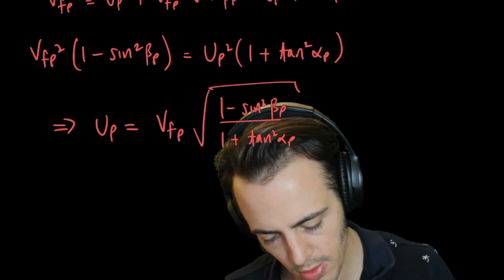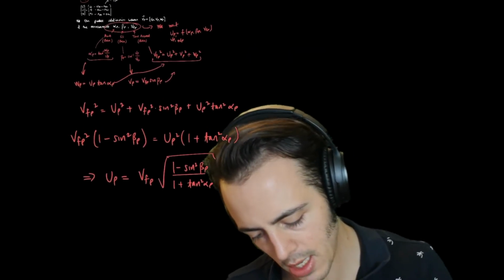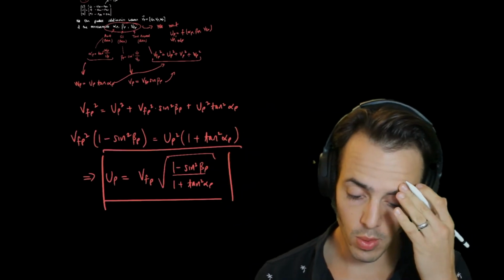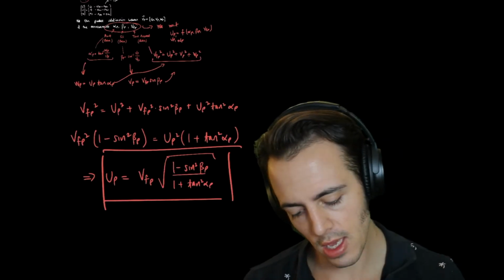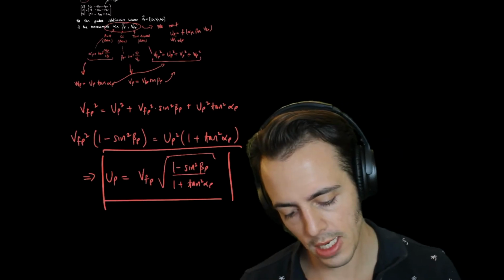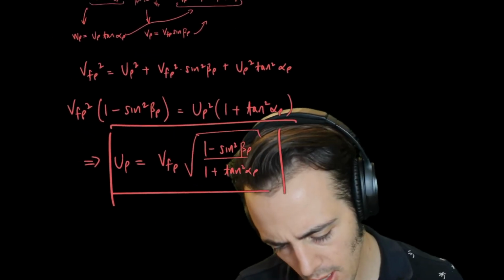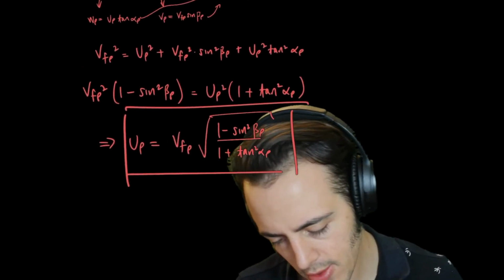Okay, this one's the hardest one to remember how to get. So this is the probe forward speed as a function of the total probe speed and the side slip and the angle of attack as measured there. We can then just use the other two relationships that we've got to get VP.